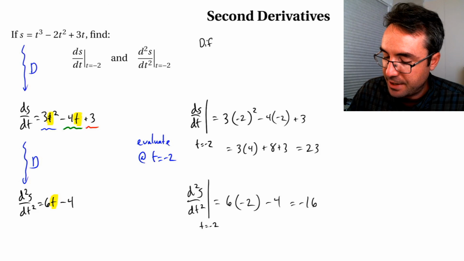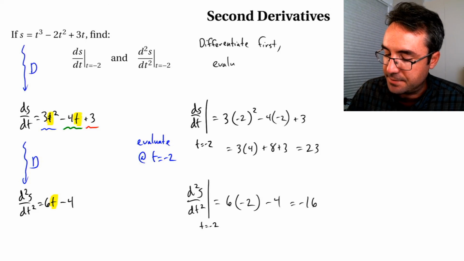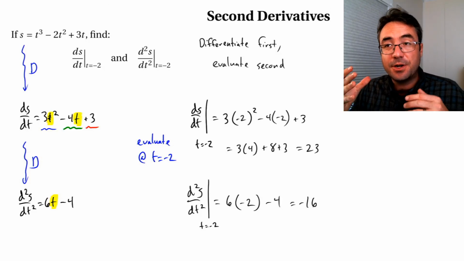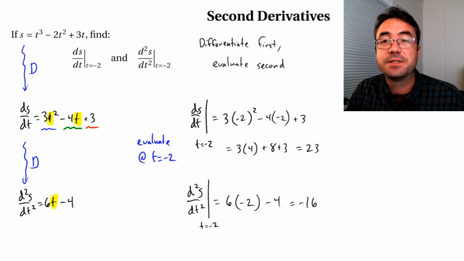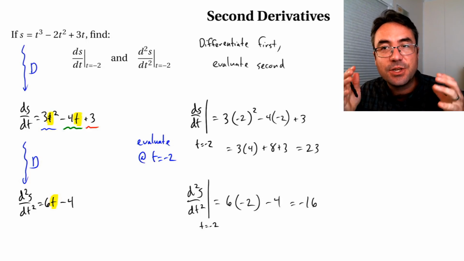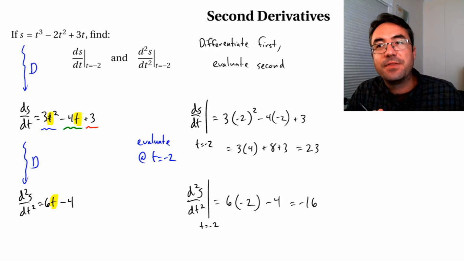So we differentiate first. And then we evaluate second. If you're going to evaluate the derivative, well, you first need the derivative before you can start plugging numbers into it. So you have to find the derivative or find the second derivative first, then you can plug into it.